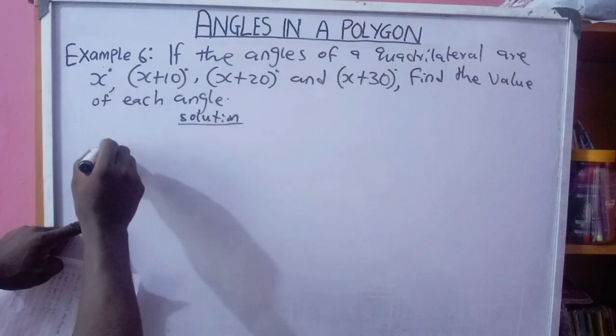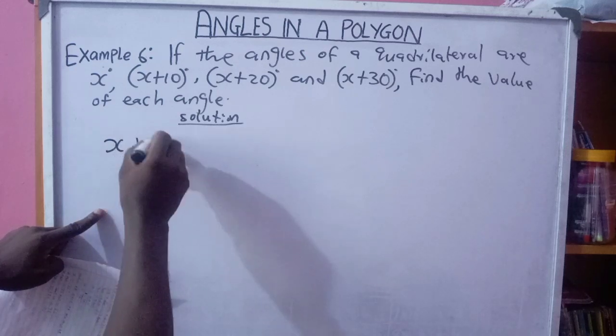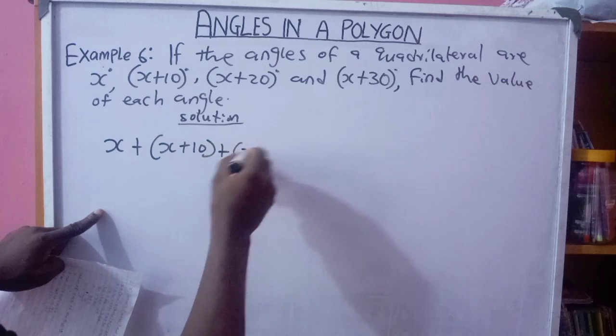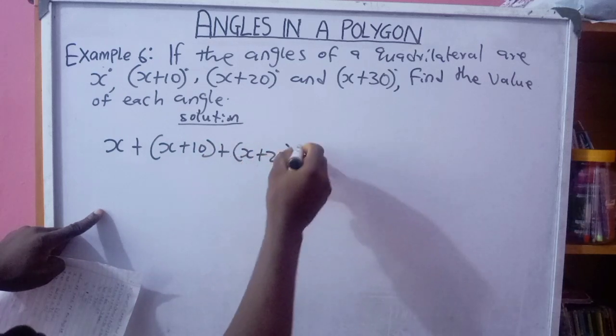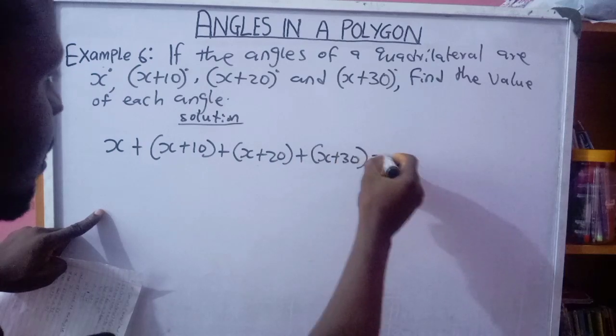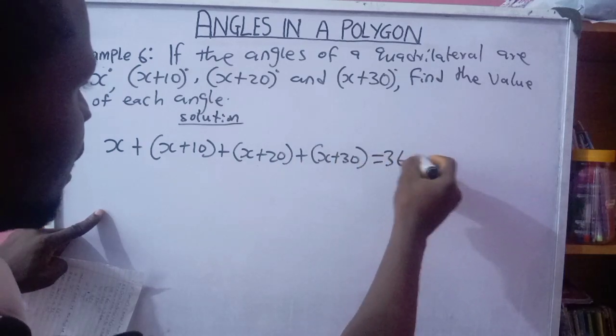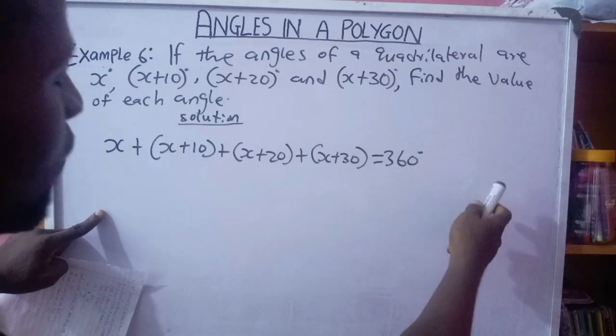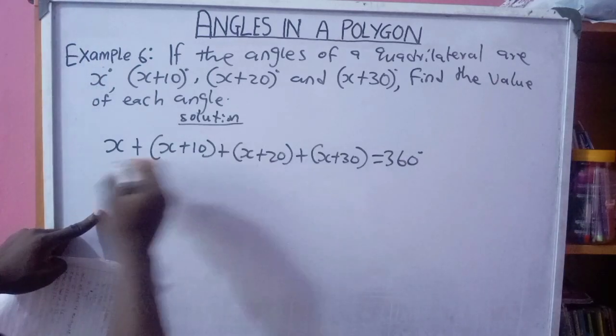So that means we have to say x plus x plus 10 plus x plus 20 plus x plus 30, and that is equal to 360 degrees. You have to offer your reason: the reason being that this is the sum of angles in a quadrilateral. So let's open the bracket.